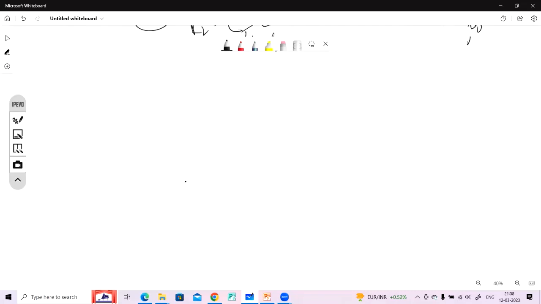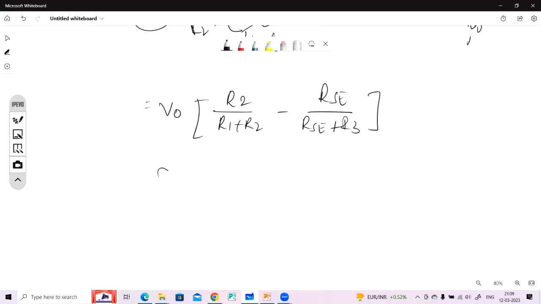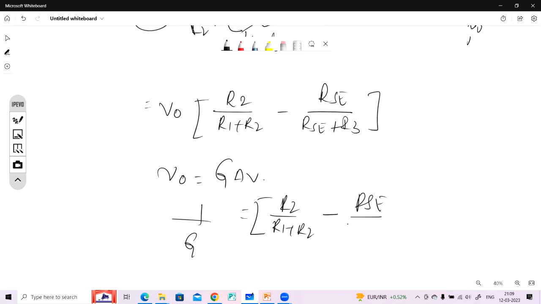Okay, now if we look at the voltage across the resistors connected in parallel, it is R2 divided by R1 plus R2 minus RSC divided by RSC plus R3. So if V naught is equal to G delta V, then 1 by G times V naught equals R2 divided by R1 plus R2 minus RSC divided by RSC plus R3.